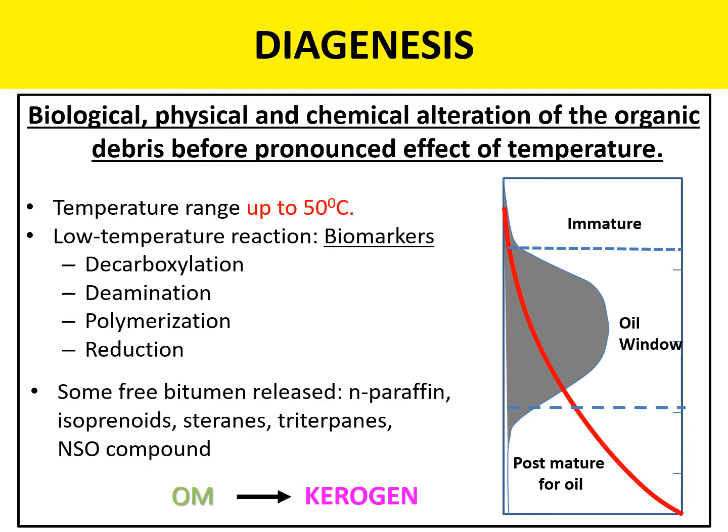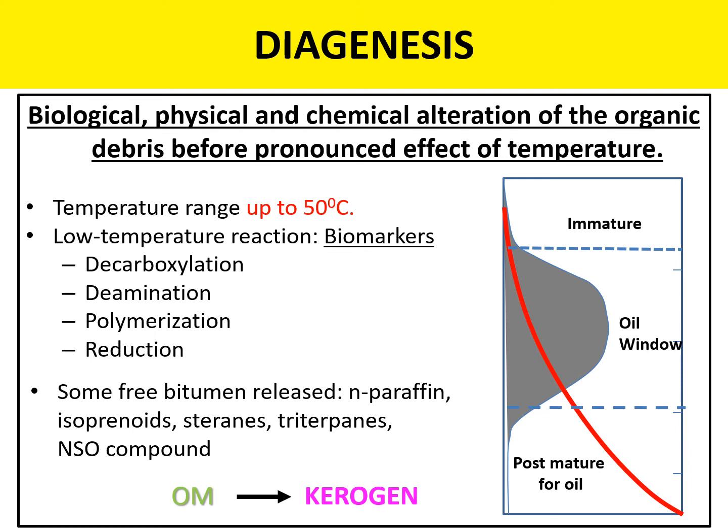From these reactions, there will be some free bitumen released, which consists largely of biomarkers such as n-paraffins, isoprenoids, sterenes, triterpenes, and also NSO compounds. Most surface sediments have been found to have a high pentane and hexane content of straight chain paraffins.